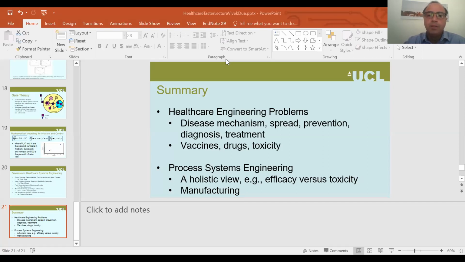And I think one of the key challenges that we face when solving these healthcare engineering problems is being able to communicate with other disciplines and domains, because we all have our own languages. We understand our own domain language. But when we have to talk to doctors, or scientists, or policymakers, they see things differently, and they have a different language to the problem. So I think language is one of the key challenges, I would say.